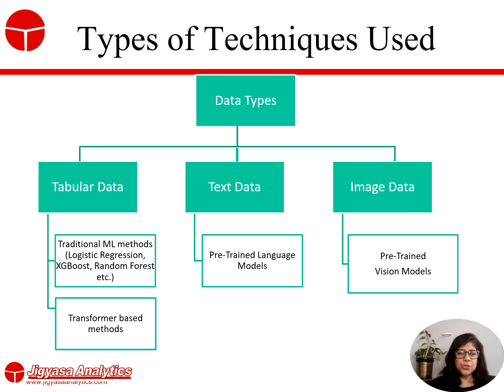We modeled the textual description data using pre-trained language models and the image data using pre-trained vision models. We tried several different pre-trained models and we ended up selecting the ones that gave the best results. I will next hand over the presentation to Jisha, who will talk in more detail about some of the pre-trained models and architectures that we used.